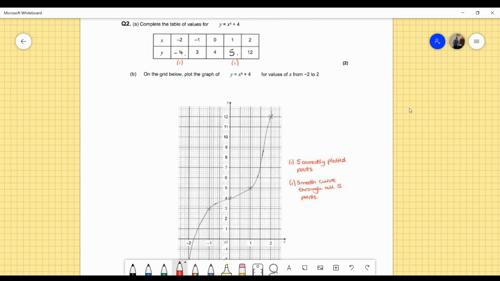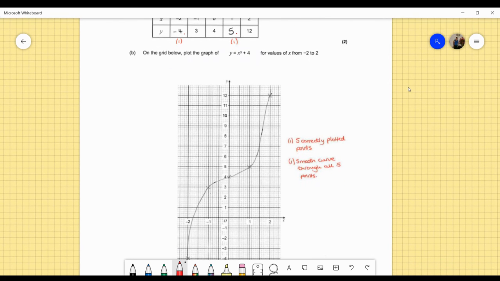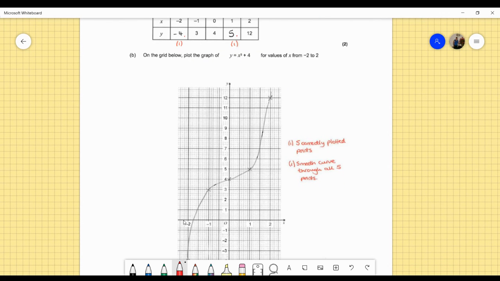You then needed to plot that graph accurately. So making sure that you've got the points minus 2, minus 4; minus 1, 3; 0, 4; 1, 5; and 2, 12. If you have all of your points plotted correctly at this point, you get the first mark, and then your second mark is awarded for a nice smooth curve that must pass through each of the points.